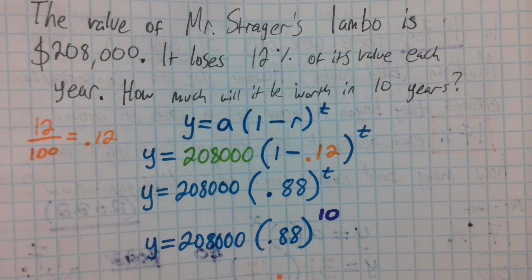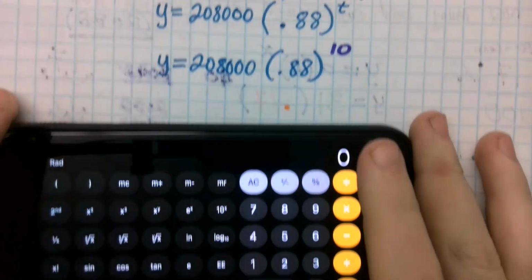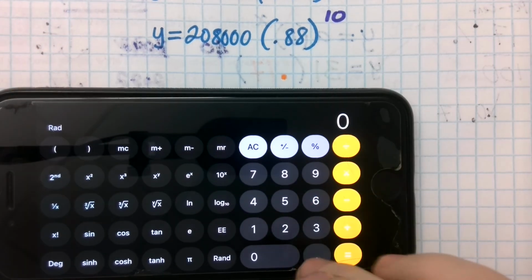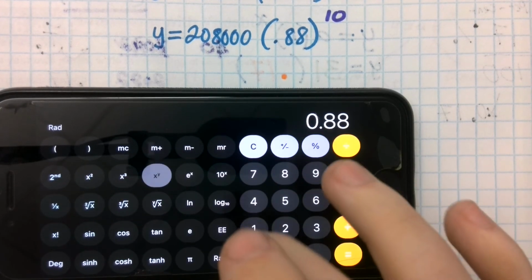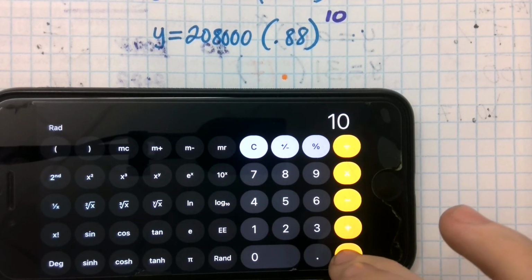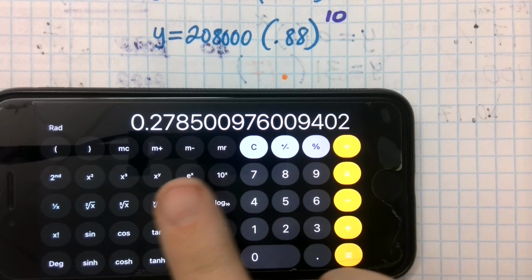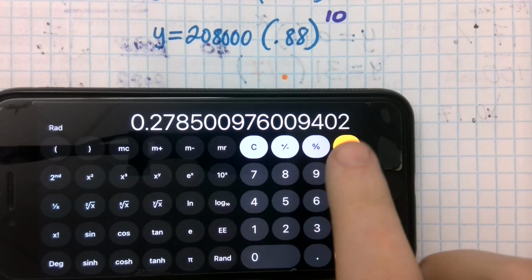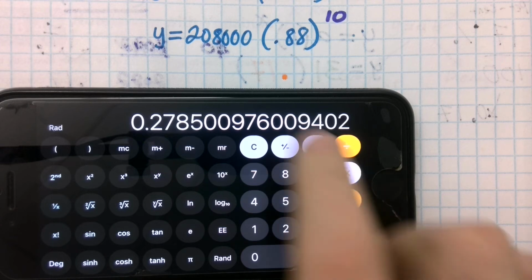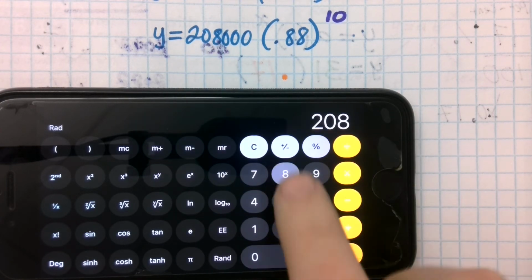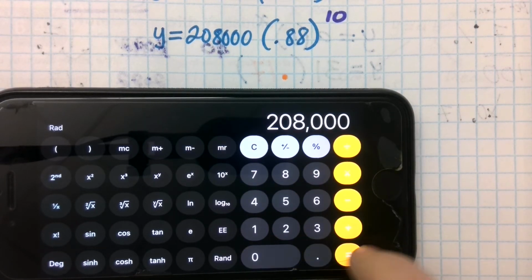Hopefully you had a chance to pause. Let's do it together. To solve this, we're going to take 0.88 to the 10th first, because exponents come first, after parentheses. Boop. We end up getting this number. We then are going to multiply it by our starting value, 208,000.